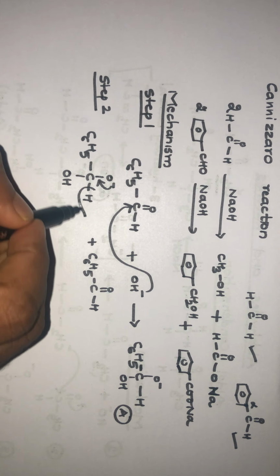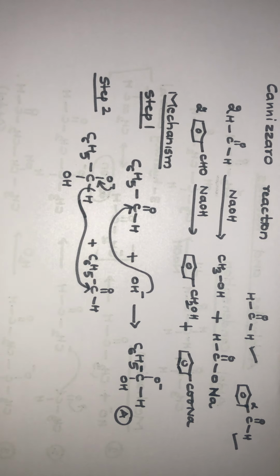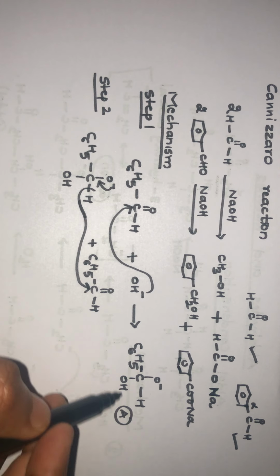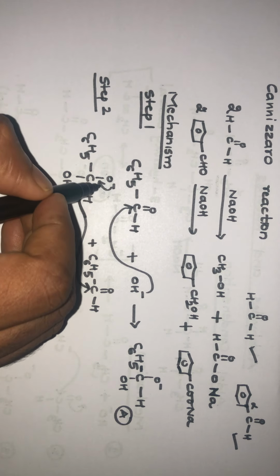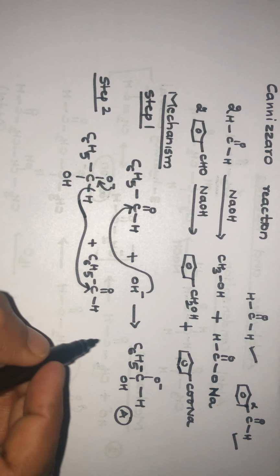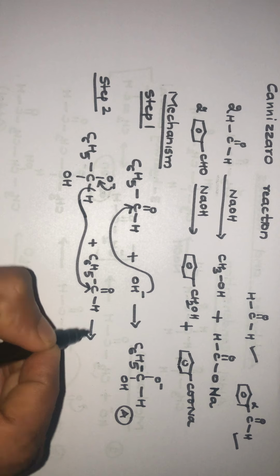First, OH minus attacks, resulting in the formation of this anion. The negative charge moves here, so a bond has to break. So hydride ion transfer takes place, resulting in the formation of this molecule.